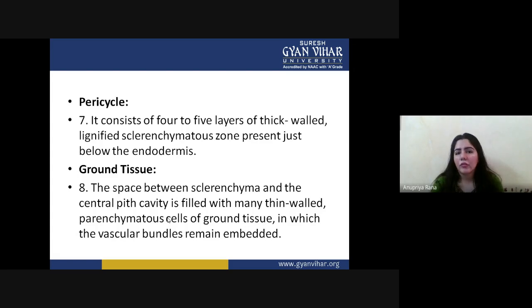What are its functions? The major function is storage, and sometimes it also works for the transportation of things from one place to another.